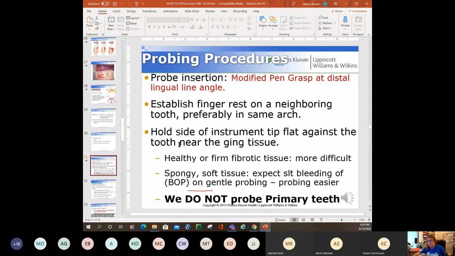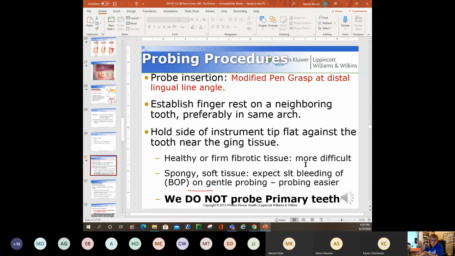Practice that way. Hold the side of the instrument tip flat against the tooth near the gingival tissue. Healthy, firm fibrotic tissue is way harder to probe. That's what I was saying. It's so healthy and it's tight against the tooth, so trying to get an explorer down there can make it a little uncomfortable.